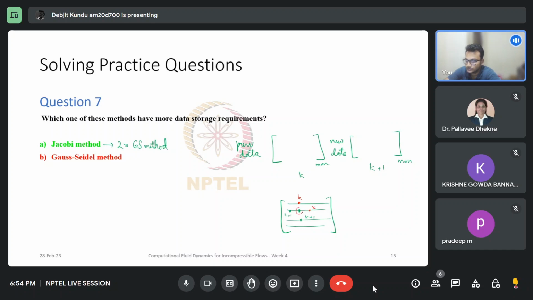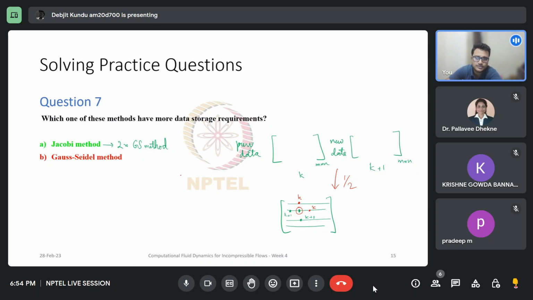These are used to find whatever point we are solving for. So here we use only one matrix. That reduces our data storage by half. Got my point? So this is the reason why Jacobi method has more data storage requirements.